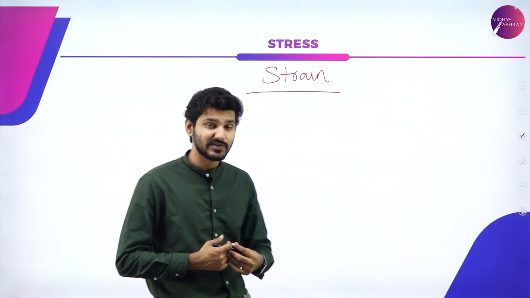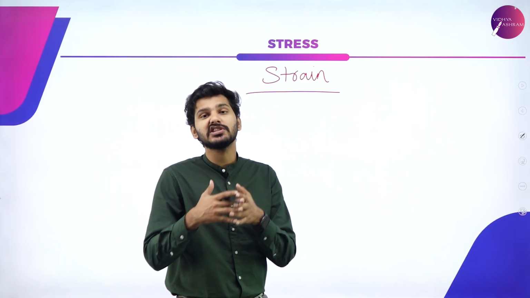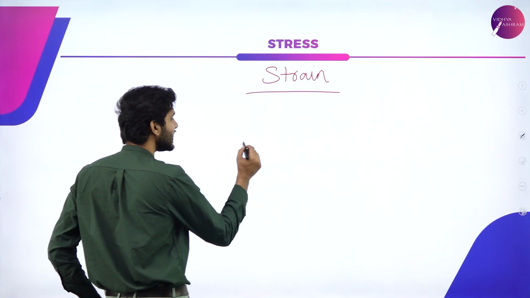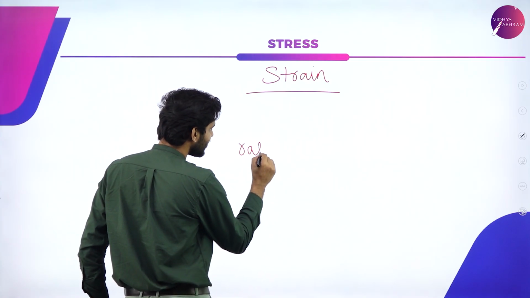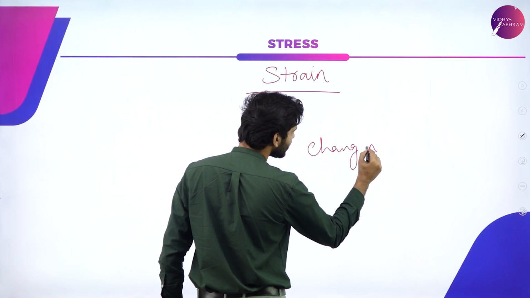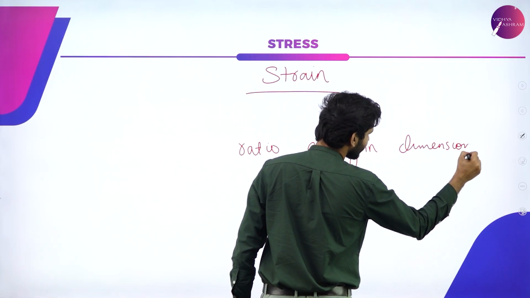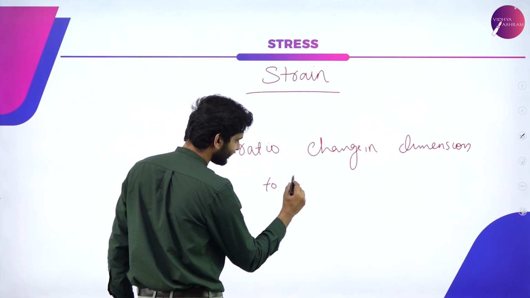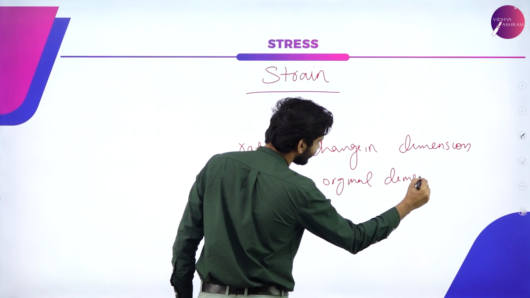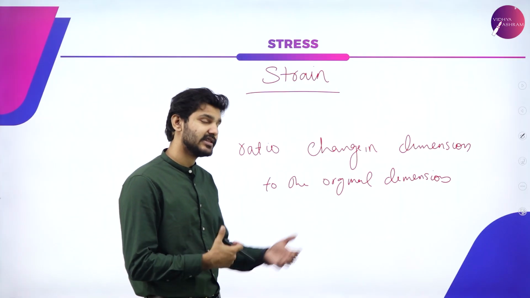So I can define strain as the ratio of the change in length to the original length, or in one simple term, the ratio of change in dimensions to the original dimension. It is one loose way of interpreting this result.